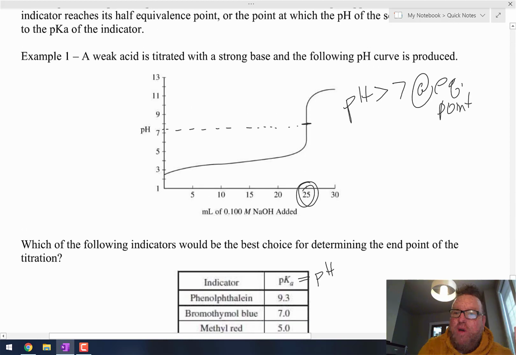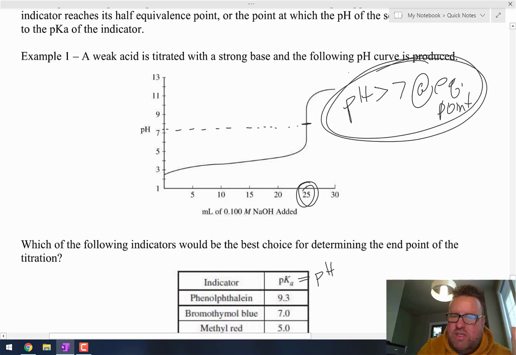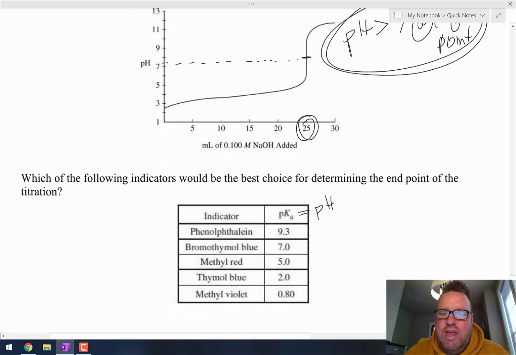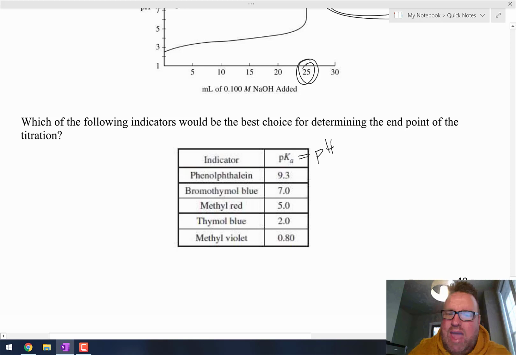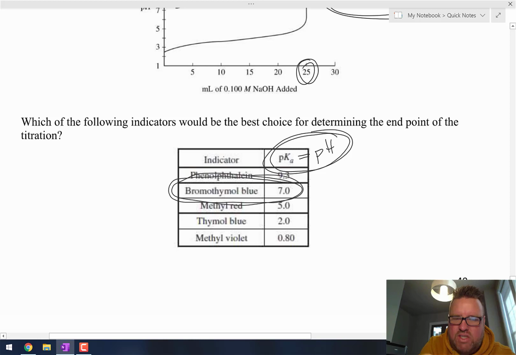So if the equivalence point is very, very close to 7, we want to choose an indicator that has a pKa also very, very close to 7. Because when the pKa reaches the point where it equals the pH, that's when the color change is going to happen. So the best indicator we could use for this one would be bromothymol blue.